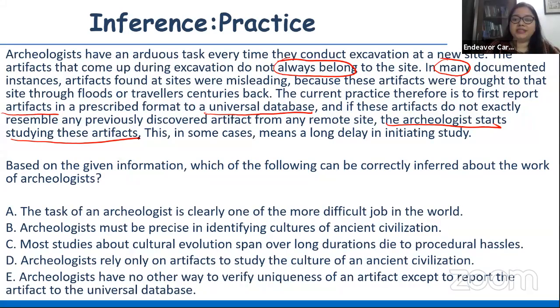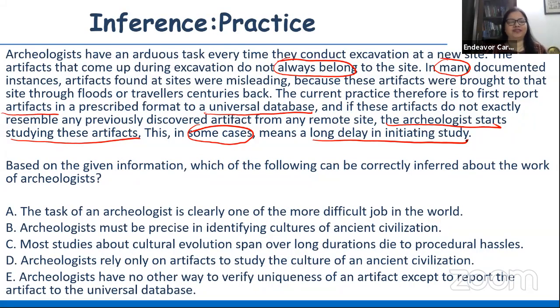This process, what does this refer to? That process of referring an artifact to a universal database, getting it checked there, eliminating the possibility of it being connected with any other site, and then the archaeologists will start studying these artifacts independently. This in some cases means a long delay in initiating study. Sometimes, because this process has to be followed, it can mean a long delay, right?